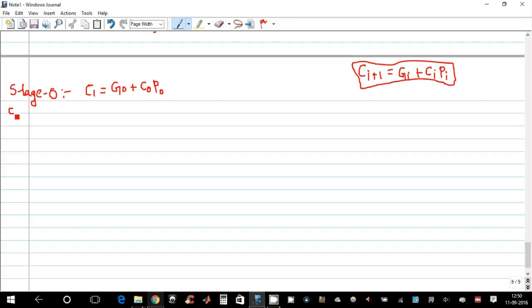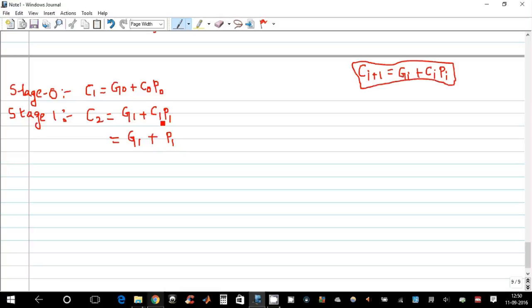Similarly for stage 1, that is our second stage, the i value is 1 here, which results in carry out C2 equal to G1 plus C1 P1, where G1 is nothing but A1 into B1, and P1 is A1 XORed with B1. Anyway, this we cannot change.